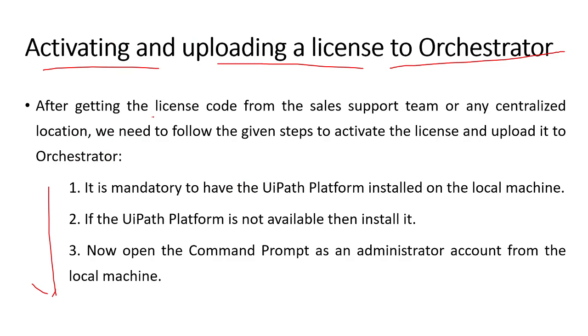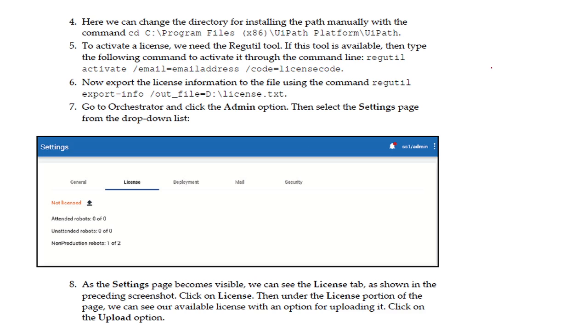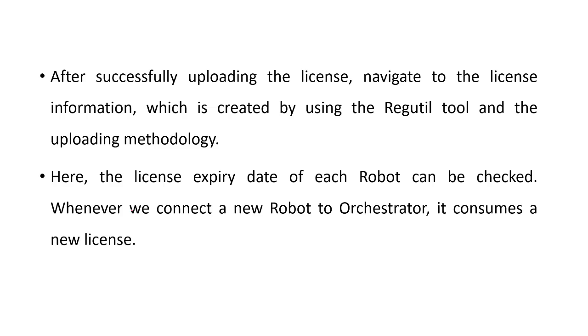As I said, the license code will be given, you will get it from the sales team or a centralized location, right? Just follow the steps in order to see, you will get the status like this, not licensed. Once you activate and upload the license, you will not get that particular option. Clear? The license will also have an expiry date for each robot, which can be checked.